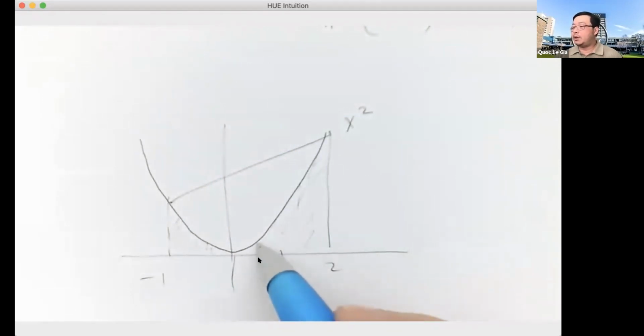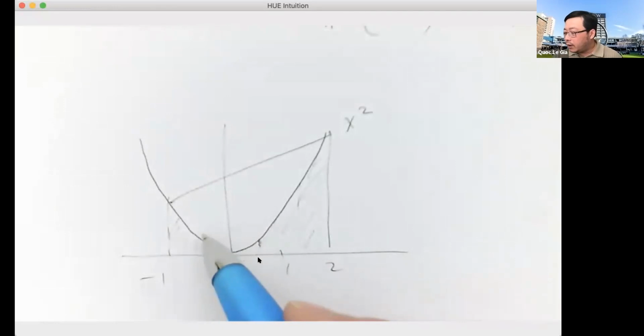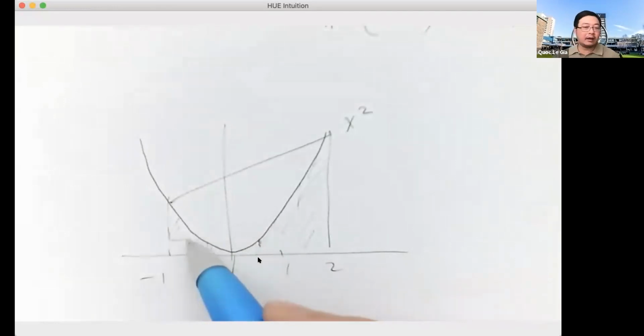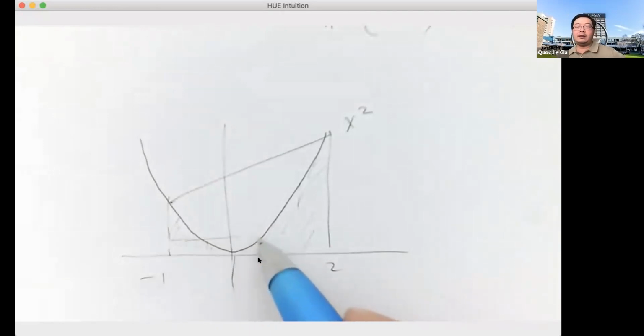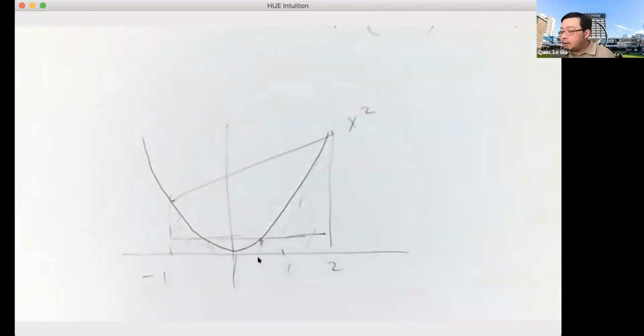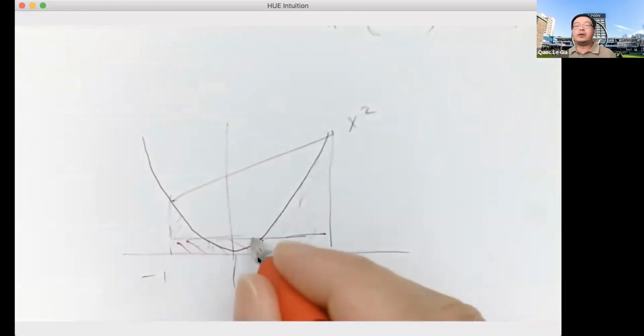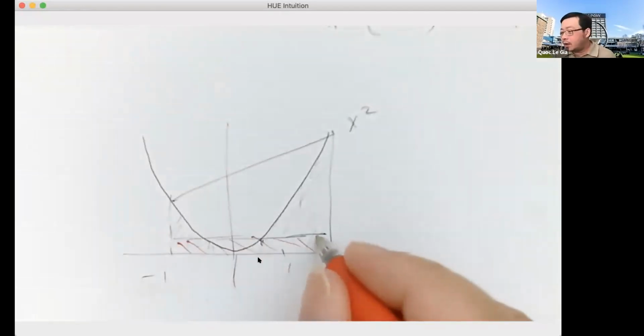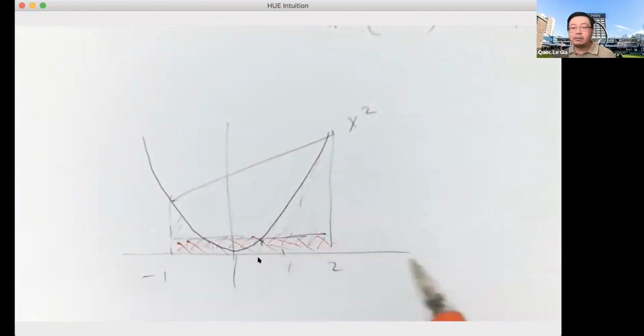So maybe the midpoint is somewhere here. So the midpoint then gives you this area. And it's not easy to see why the midpoint rule gives you a low estimate, but it will be less than the exact integral.